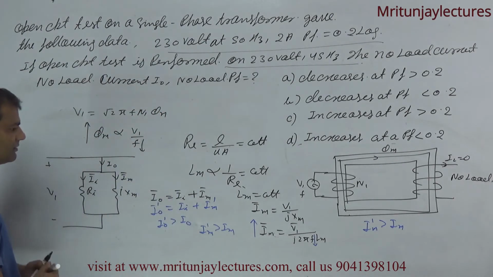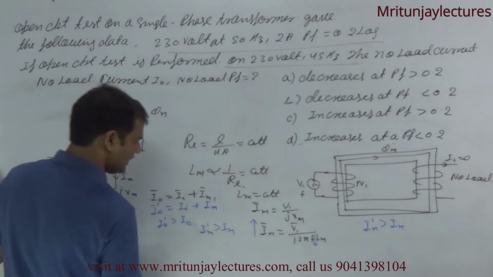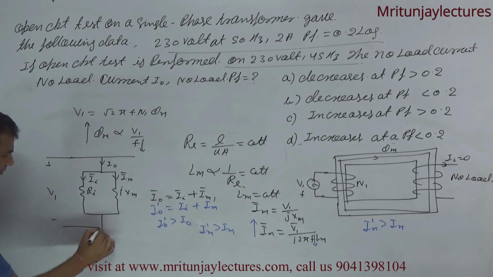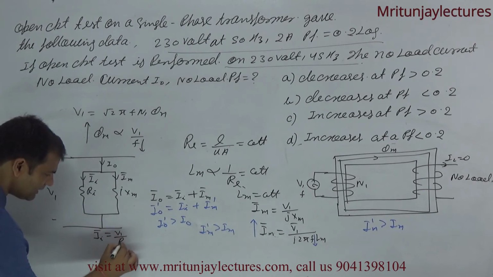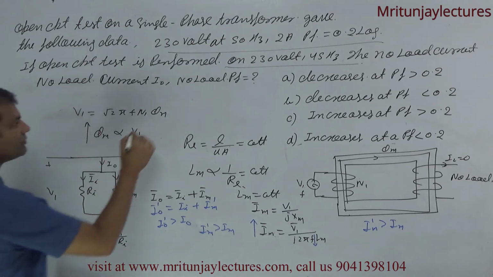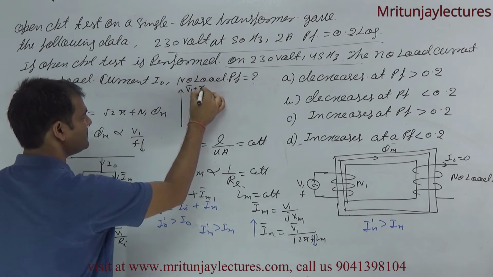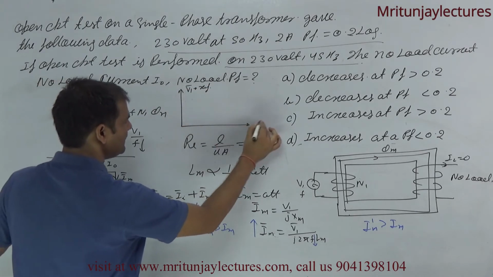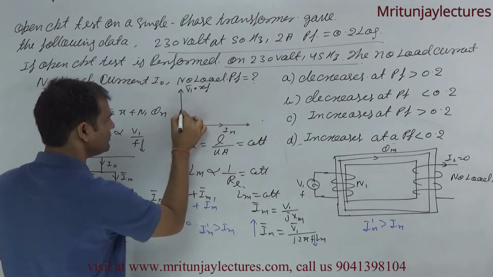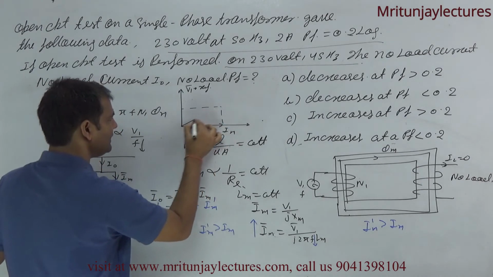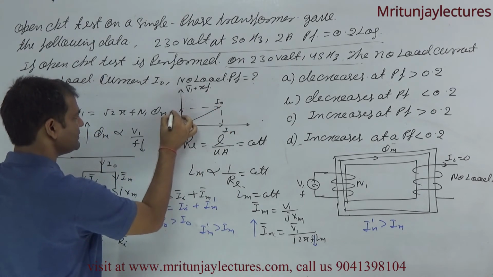Now first of all, make it, and what about Ii? Ii is equal to V1 divided by Ri. So if you make the phasor diagram like in the previous question, with V1 as reference and that is Im, that is I0 and this is Ii.